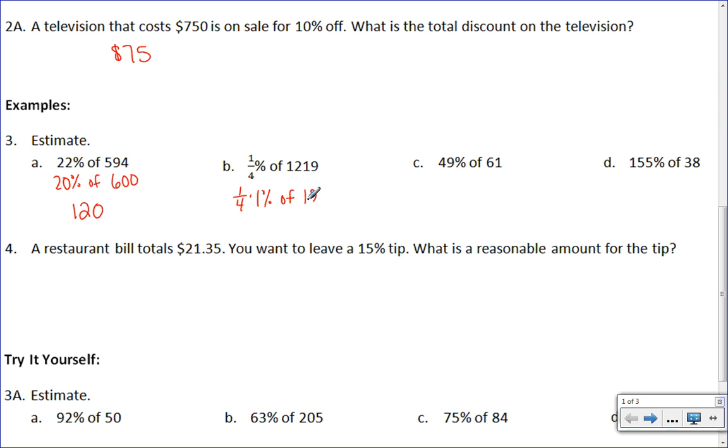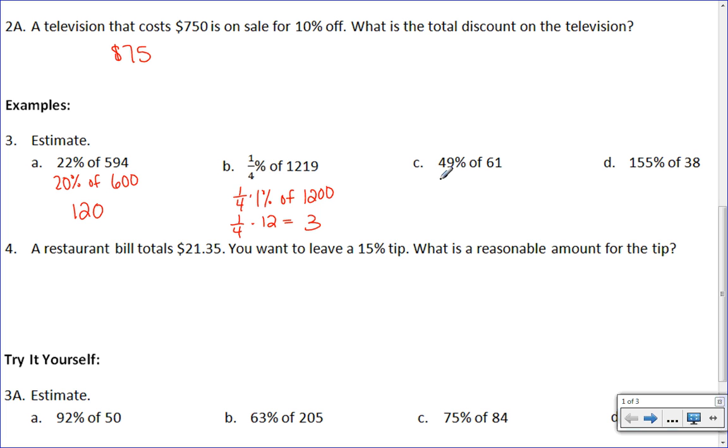So we're going to round this down to 1200. Alright, so 1% of 1200 is just 12. So what I really want is 1/4 times 12, which of course is 3.